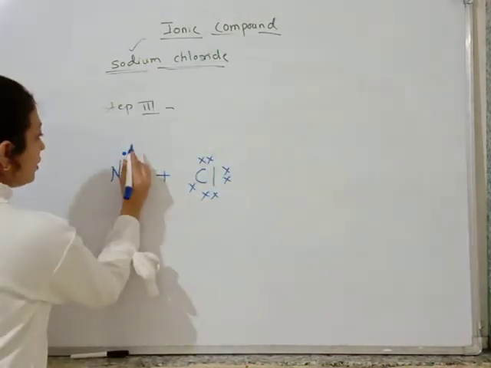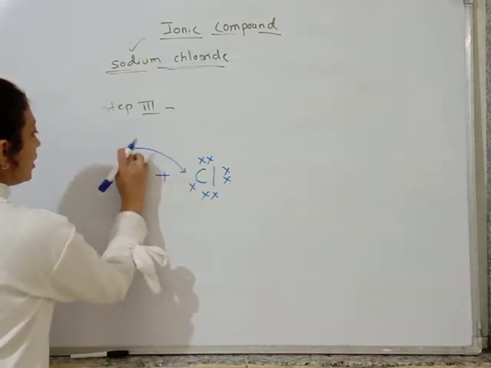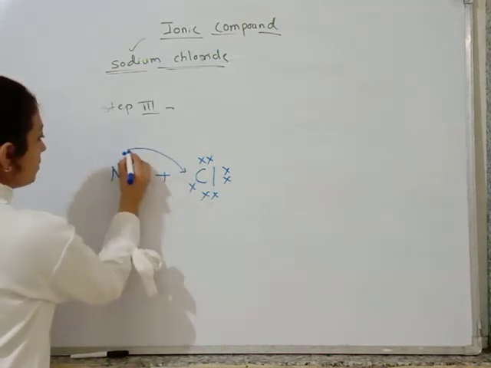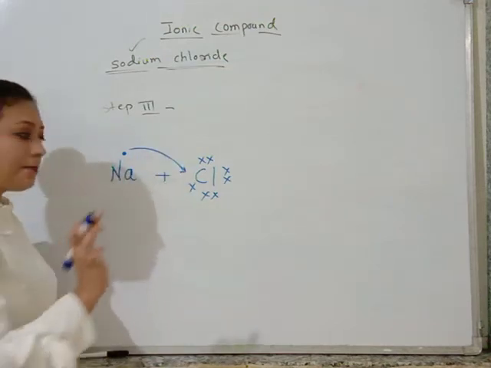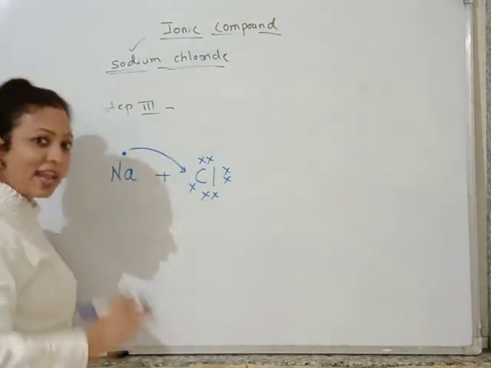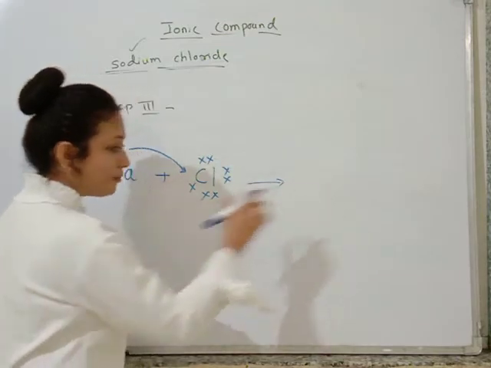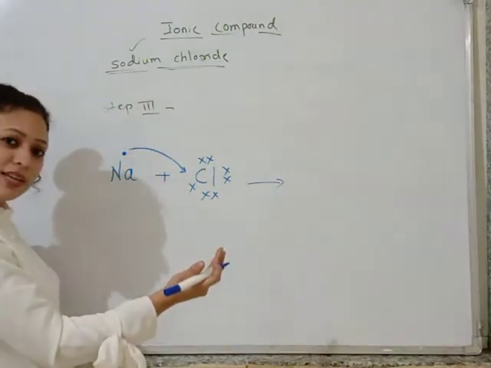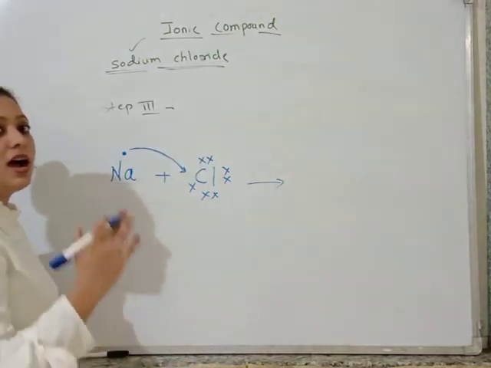So simply we will draw an arrow like this. So the electron is getting transferred from here to here. Now the metal loses an electron and the non-metal gains that electron.